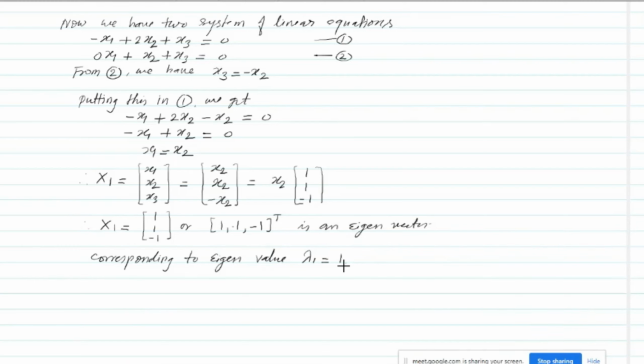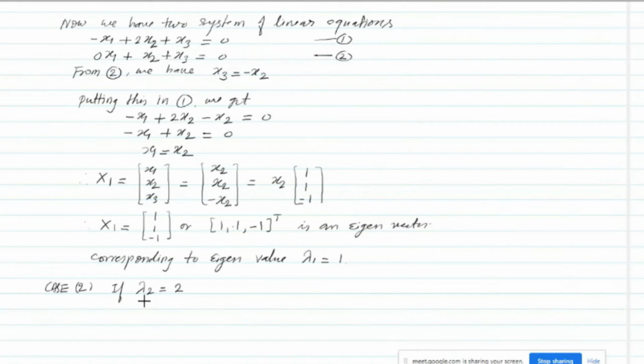Now we will have the second case. So let us move to the second case. Case number 2. What is case number 2? If lambda 2 is what? 2.